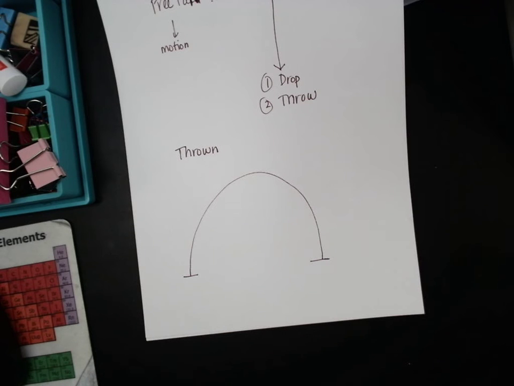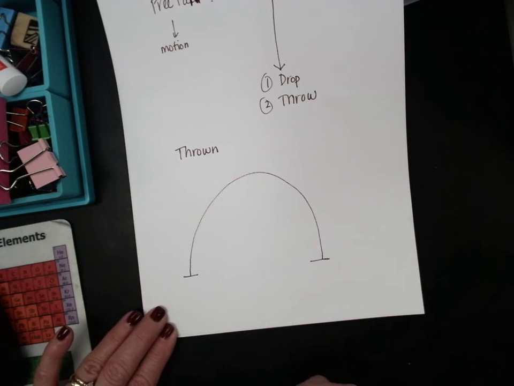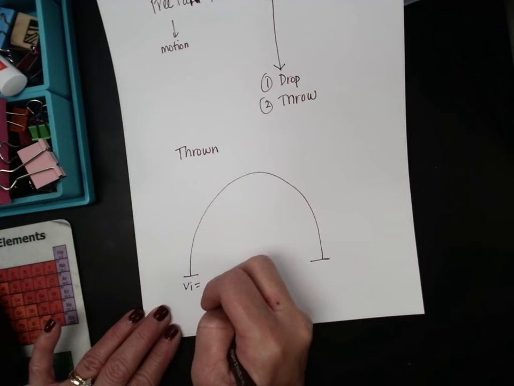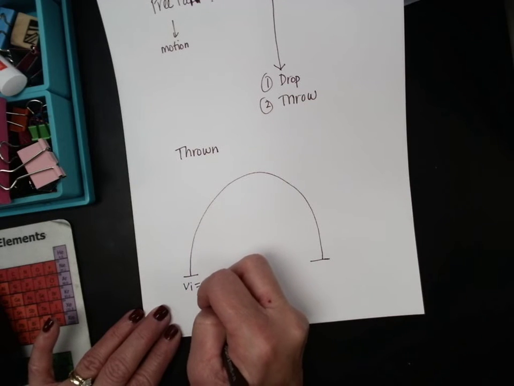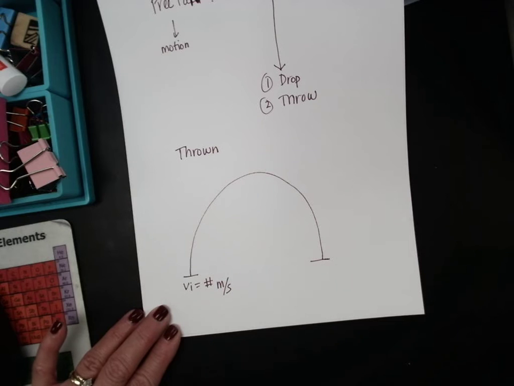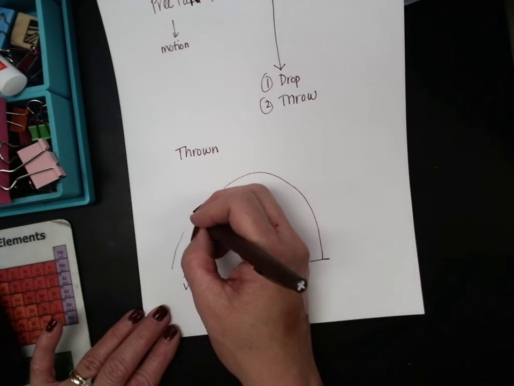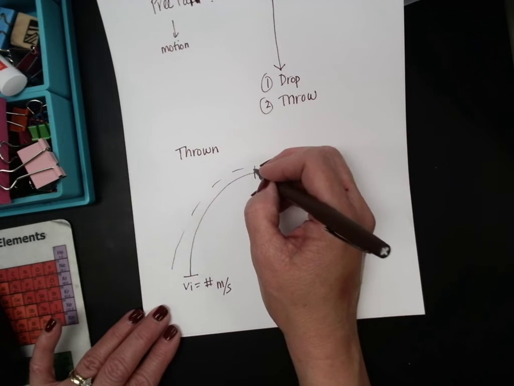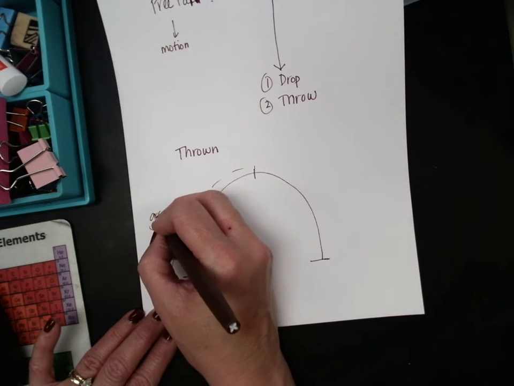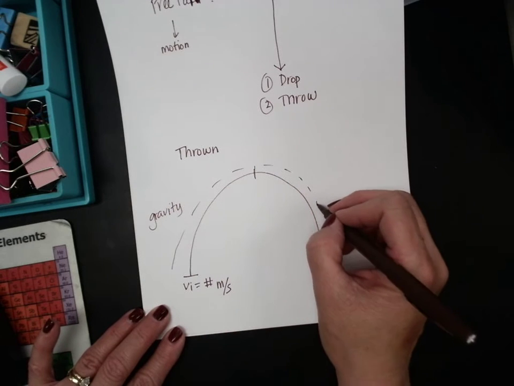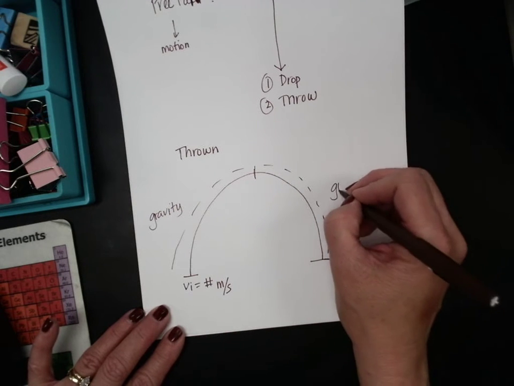When it leaves the person's hand, or when it's kicked off the foot or tennis racket, whatever the case might be, I have some initial velocity that is a number in meters per second. As this object moves up the trajectory to center, it's being acted on by gravity, just as it is as it returns to its original position.